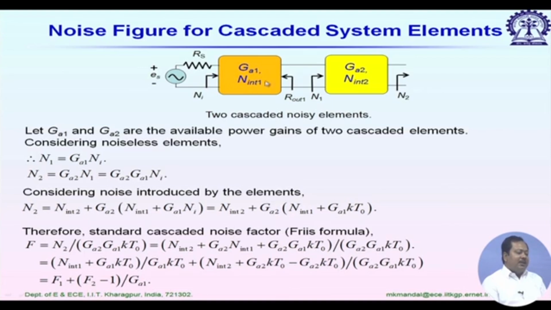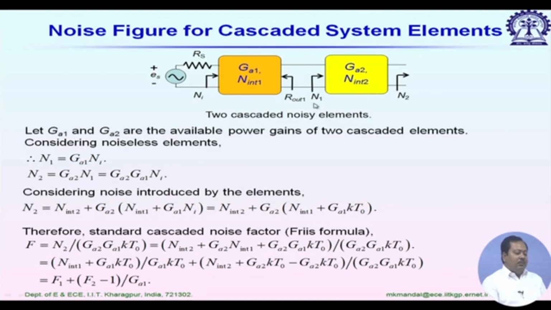If I express it in terms of noise temperature, as you remember we expressed it by TE1, then N internal 1 is equal to K TE1. The second component has gain GA2 and internal noise generated N internal 2.